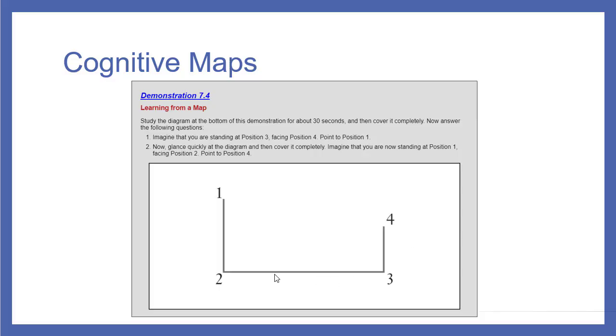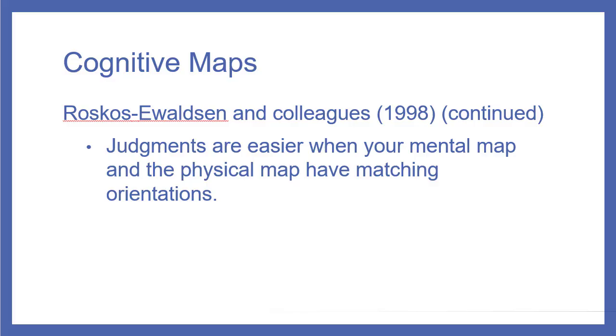But if you had to rotate this map, let's say, by imagining you're standing at position 1 facing position 2, pointing to position 4, the way that you would point to it in your imagination would be different than what the angle was as if you were standing at 4 pointing to 1, even though it is the same angle. Okay? So the judgment that you would make about the map when you try to recall the cognitive map from the orientation that you learned it is more accurate.